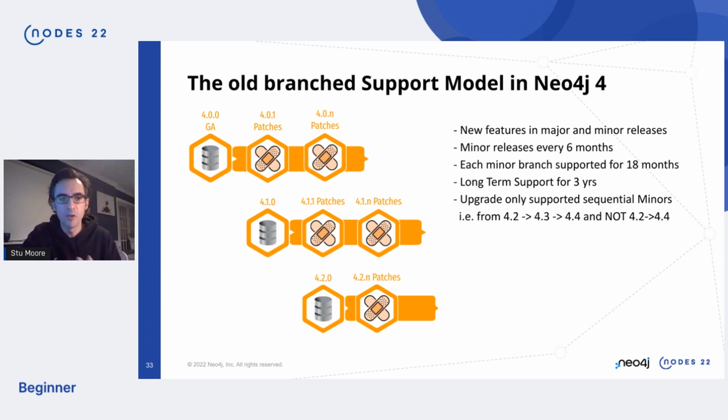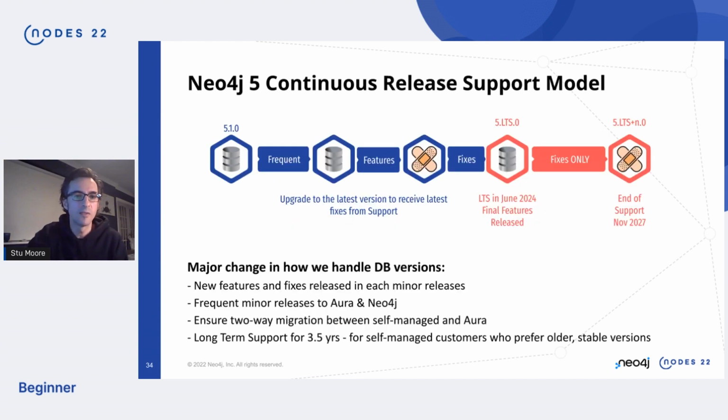Our old branching model we had with 4, where we had a patch release, so a minor release of 4.0, 4.1, 4.2, with each of those supported for 18 months, that's changed now. So in Neo4j 5, we have what's called a continuous release support model. This means that we'll release frequent features and fixes.